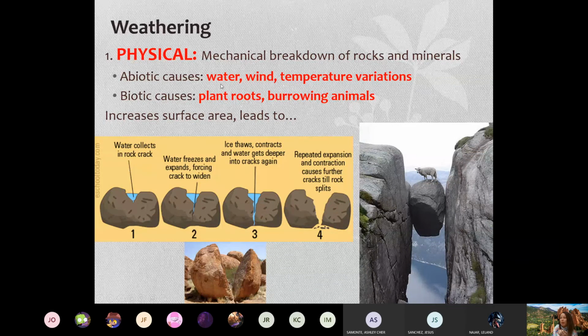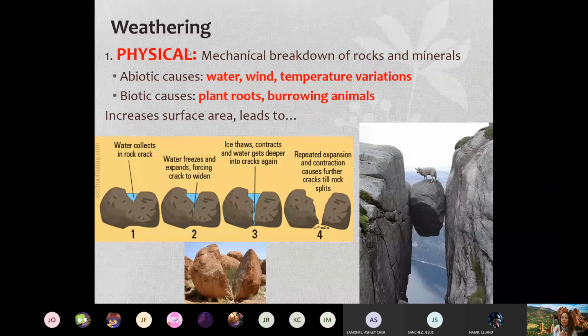They're living. Abiotic causes are water, wind, temperature. They can break rocks, especially since a lot of you probably drive, how many potholes there are in this city on the stupid roads. That all mostly comes from temperature variations in water. So they come from abiotic causes.